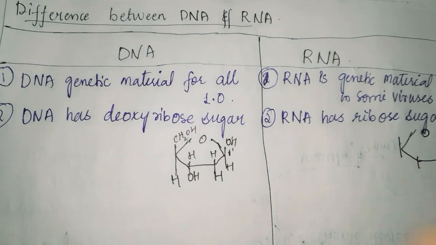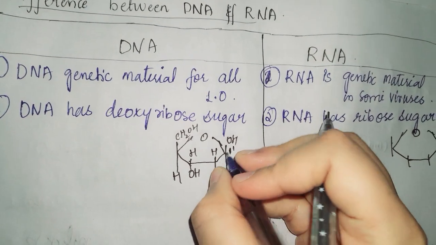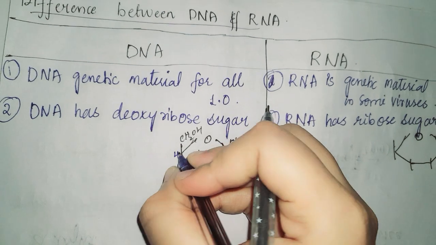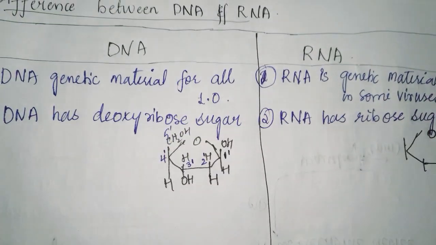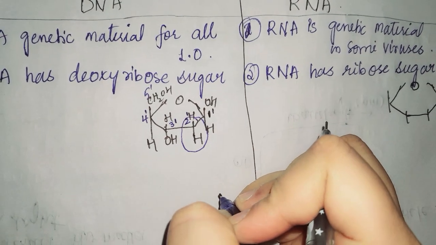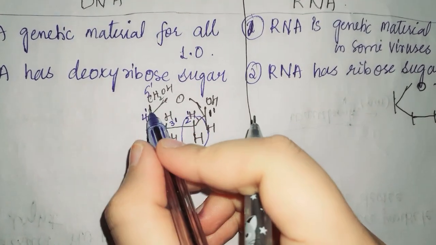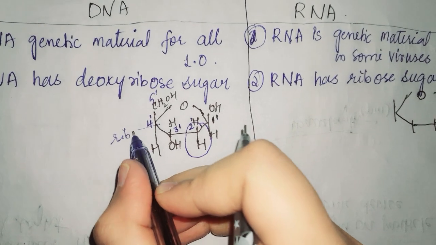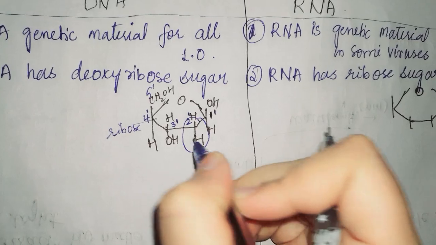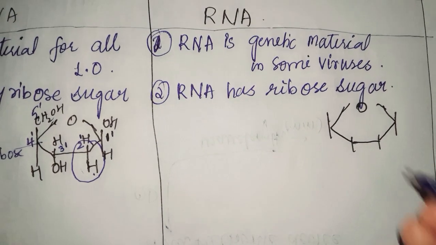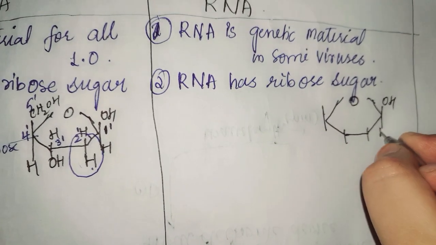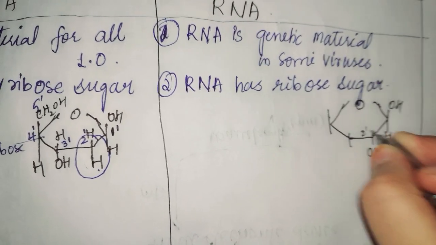Let me draw it with another pen. This is the first carbon, this is the second carbon, this is the third carbon, this is the fourth, and this is the fifth carbon. At the second carbon, this one is deoxyribose sugar, and this we call ribose, right? This one is deoxy because oxygen is not present. And in the ribose structure, the difference is it has OH at the second carbon.